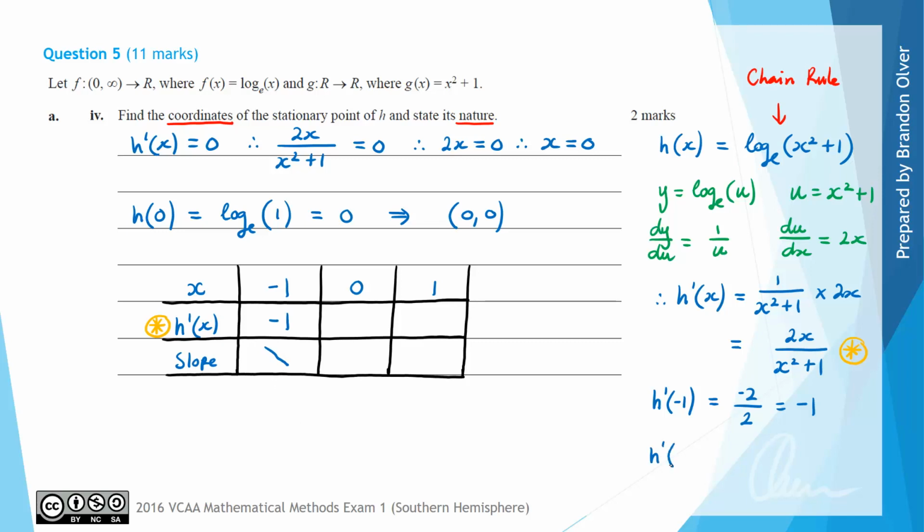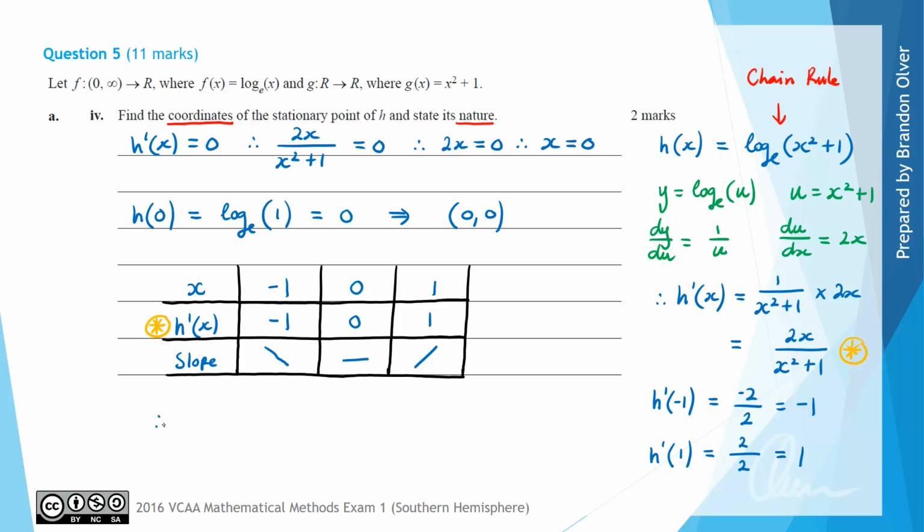H dashed of 1 is equal to 2 times 1, which is 2 on the top line, and then 1 squared plus 1 is 2, which equals +1. That means its slope is going to look like this. And we already know that when x is 0, it was a stationary point, so its derivative is 0, and that's what we found at the start of this question, so its slope looks like this.